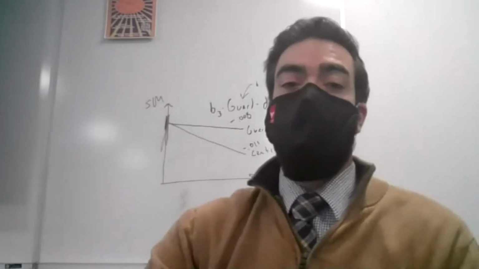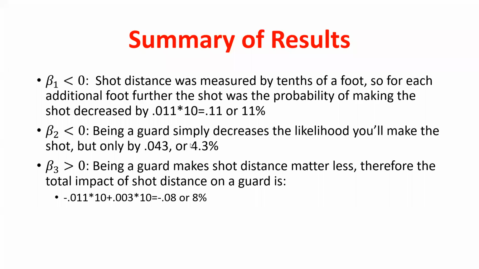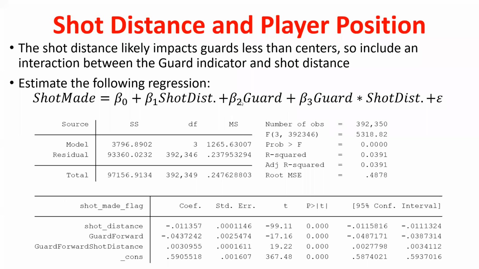So the real takeaway, basketball is fun, but the real takeaway is whenever you want to estimate differences in groups: here was the original variable I was interested in, the relationship between distance and whether or not they made the shot. I then said there could be differences across these two different groups, so I'll include an identifier, a 1, 0 dummy variable, and then I'll interact that dummy variable with this x variable I'm interested in, shot distance.